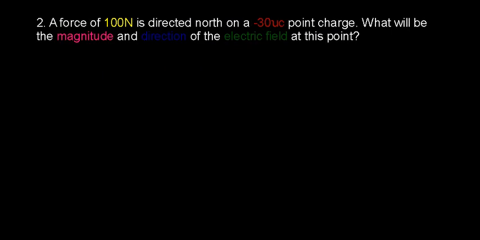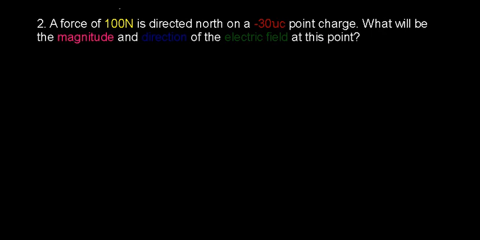A force of 100 Newton, this is F, is directed north on a negative 30 microcoulomb point charge, which is our Q. What will be the magnitude and direction of the electric field at this point?